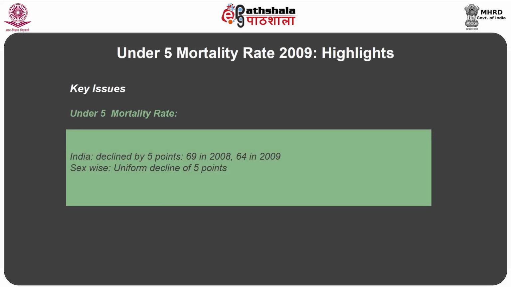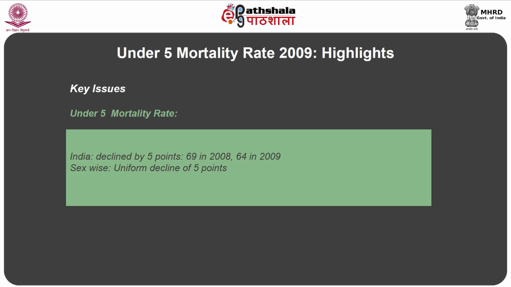Similar is the case with the under 5 mortality rate. As estimated in 2009, the highlight shows that the under 5 mortality rate for the country has declined by 5 points over 2008, which was 64 in 2009 as against 69 in 2008.